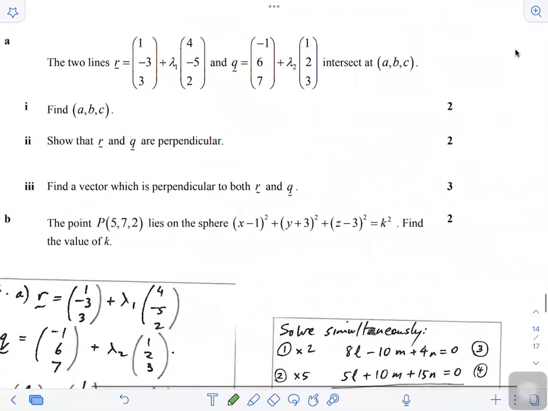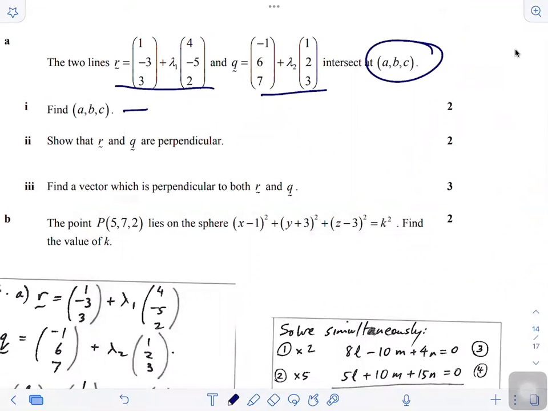Okay, looking at this, two lines intersect at a point; find the intersection.